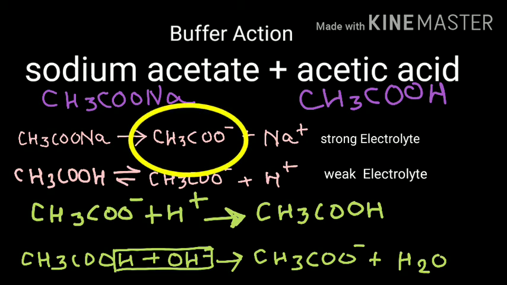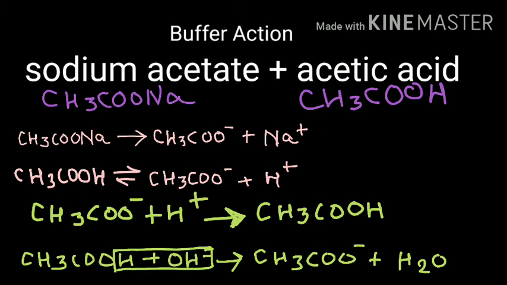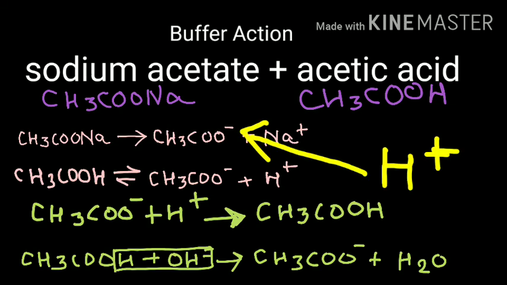The weak electrolyte, that is acetic acid, is going to split up as CH3COO minus plus H plus, but here the amount of CH3COO minus ions is going to be very less, and the undissociated CH3COOH molecule is going to be very high. The next step is we are going to add an acid, that is HCl, which is going to give us H plus ions.